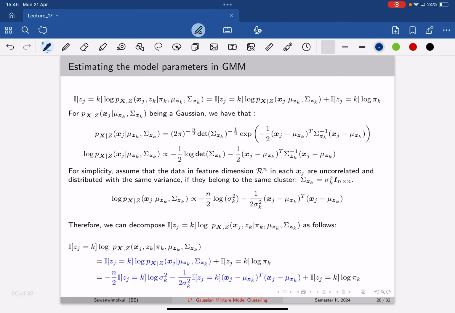Okay, so in here I think you just breathe in and breathe out. The thing is, it's as simple as that if you are decomposing the joint probability to the original form, where you have the log of x given z times the pi here.